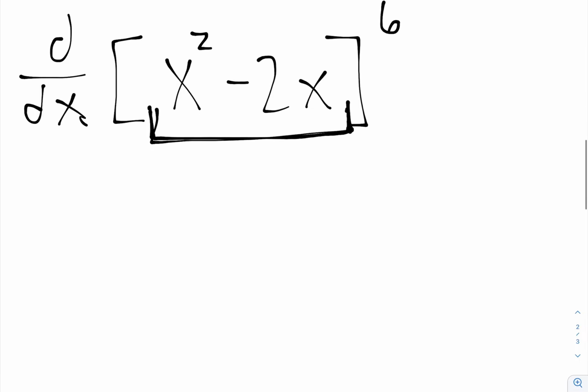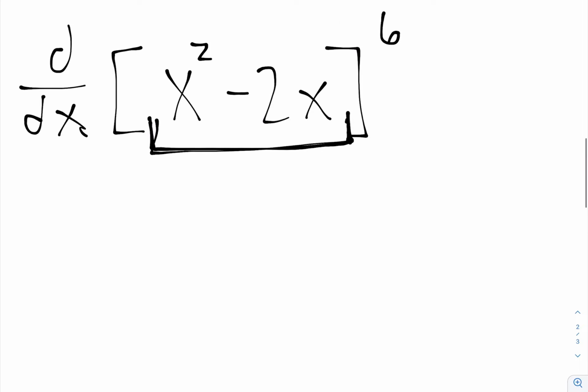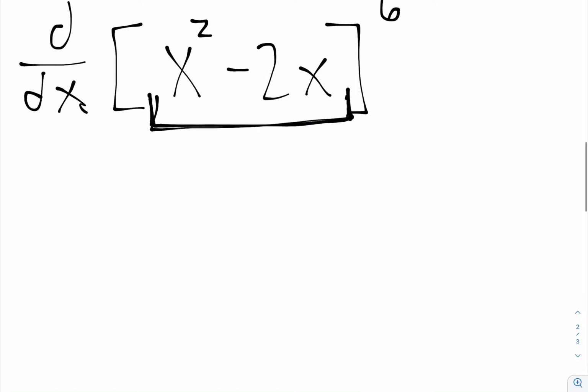So if we had something to the power of 6, how could we differentiate that? Well, we would bring the 6 out front, and we would lower the exponent by 1. So let's do that.